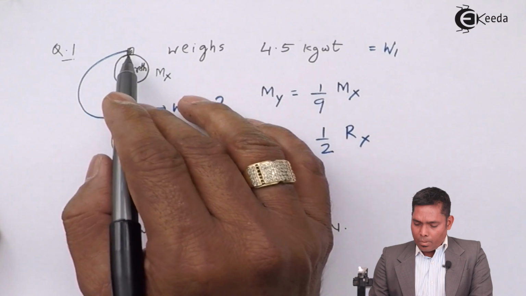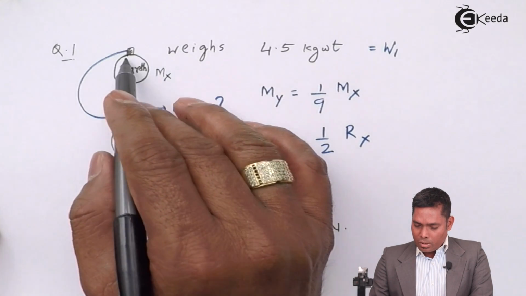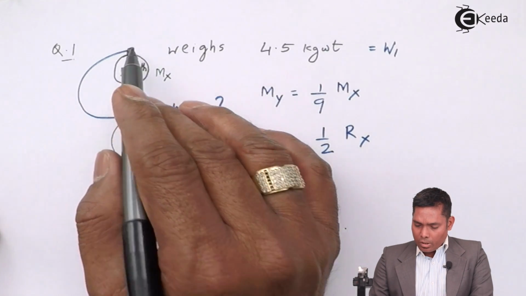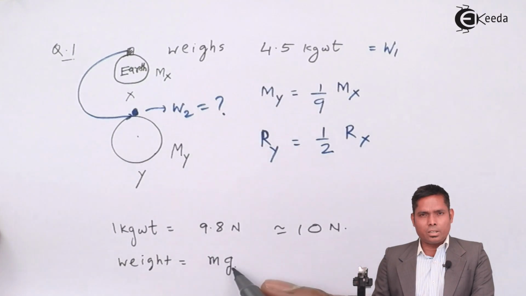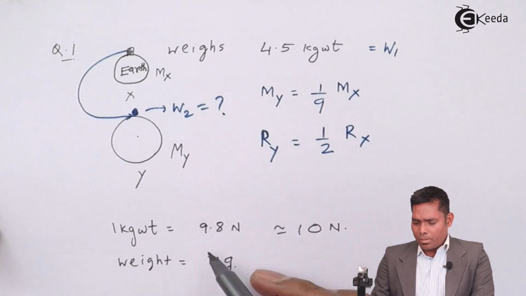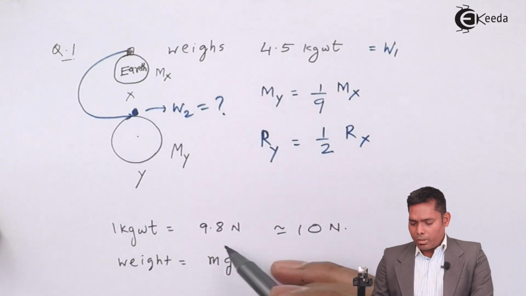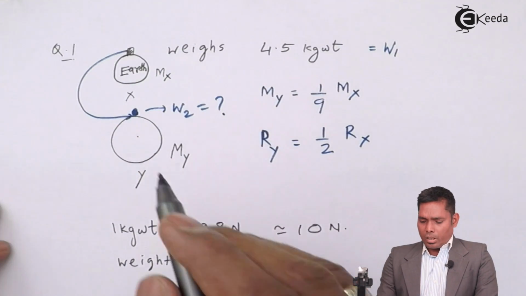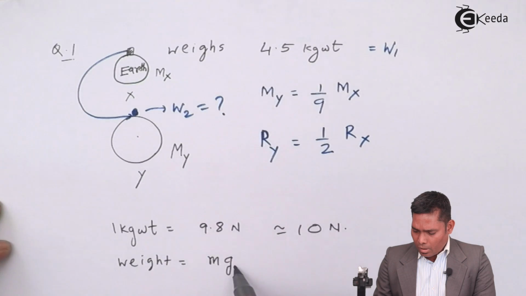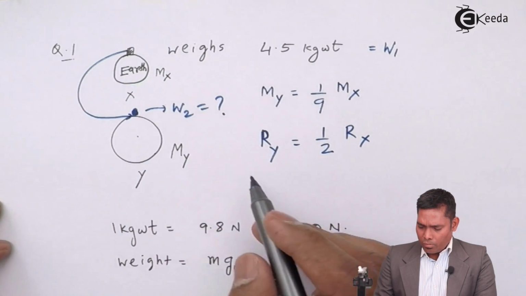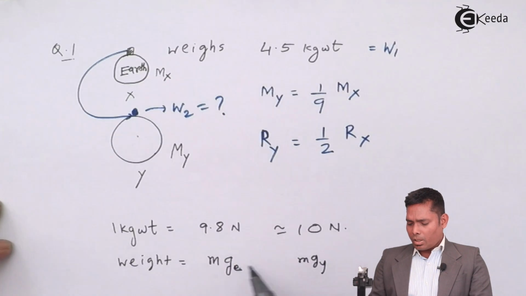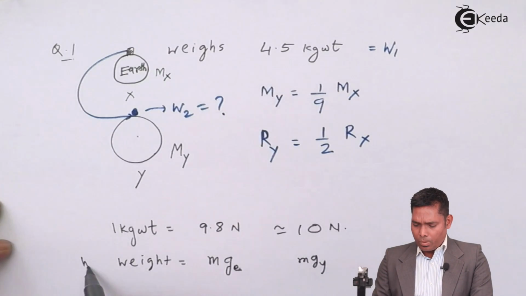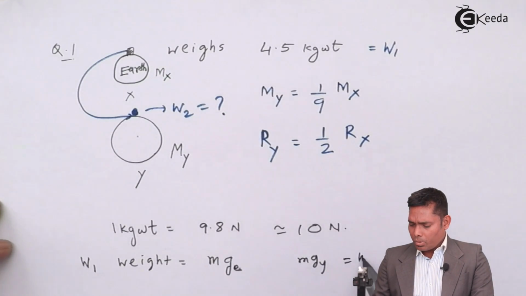So the acceleration due to gravity of that planet has to be considered, because the mass will remain same here or here, but weight will not remain same. Here g Earth, here g_y. So that will be the change in the weight. Suppose this is W1 and here it is W2, we want W2.